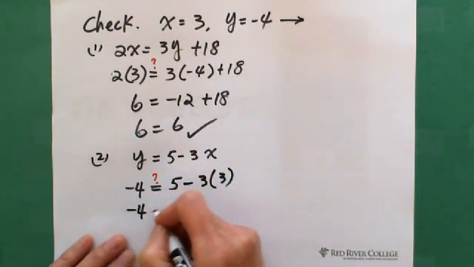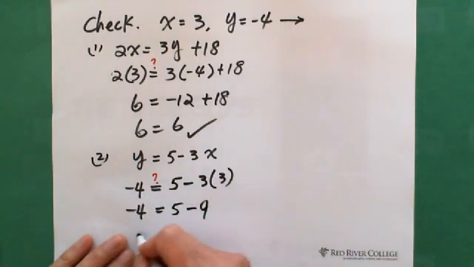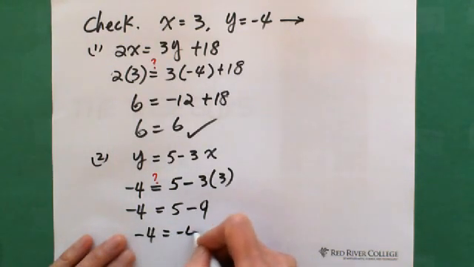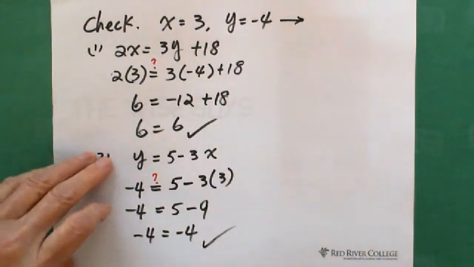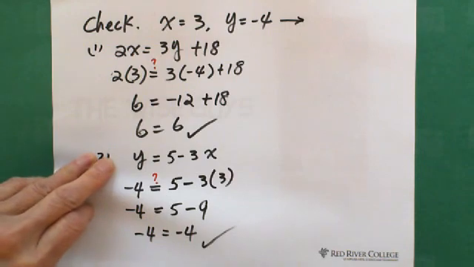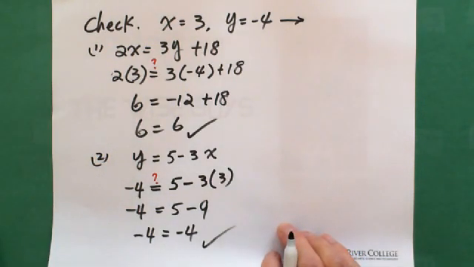So negative 4 equals 5 minus 9, which is negative 4, which is correct. So this is using determinants to solve a system of linear equations. This method is also called Cramer's rule.